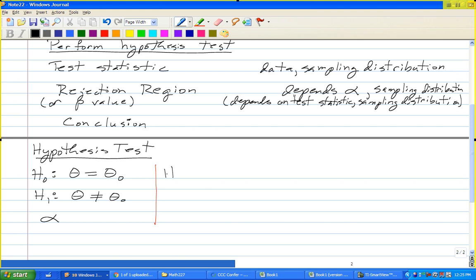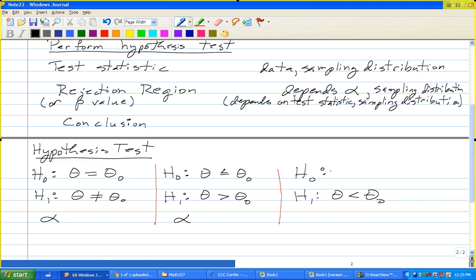Or my hypothesis test could be as follows. Maybe I'm saying that this value is greater than some value. The opposite of that is that the population parameter is less than or equal to some specified value. Or maybe we'll have another case. The alternative hypothesis says that it's less than some value.